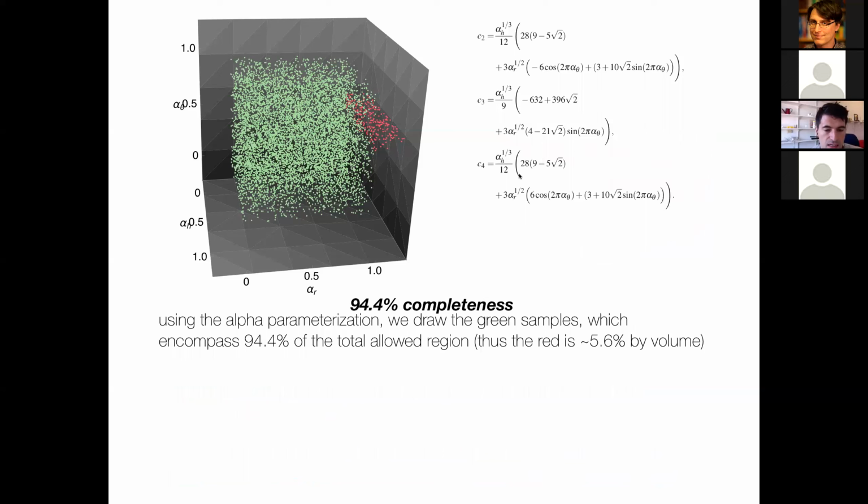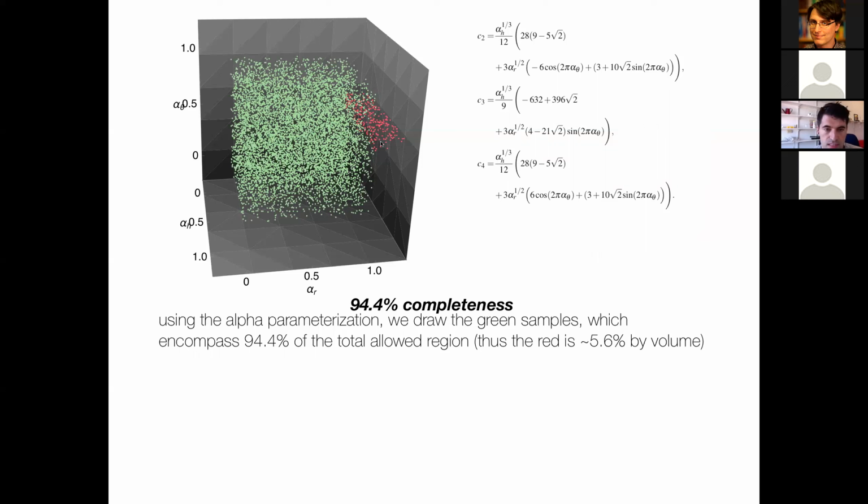So this is 94.4% complete, by which I mean that if I draw a point from within that green cube, 94.4% of the time it's going to be a point which satisfies the physical definition of an intensity profile. 5.6% is missed, and that's these red points.